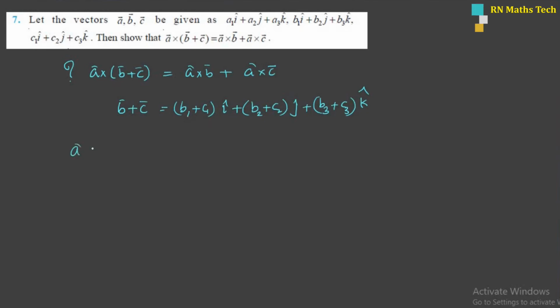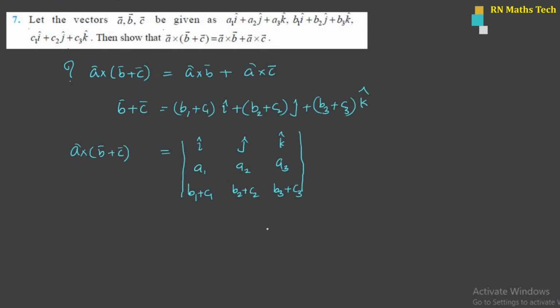Now a cross (b bar plus c bar) is equal to the determinant: first row ijk, second row the components of a bar, that is a1, a2, a3, third row is the components of b plus c, that is b1 plus c1, b2 plus c2, b3 plus c3.